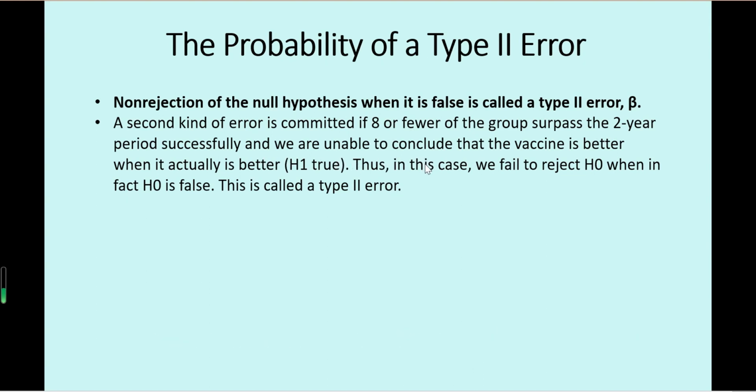But actually, the new vaccine is better than the old one. We just get a sample below the critical line, so we do not reject the null hypothesis. In this case, we commit a type 2 error because we failed to reject H0, but actually it is false.